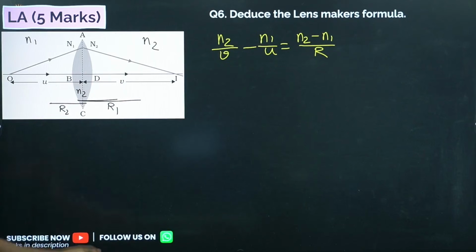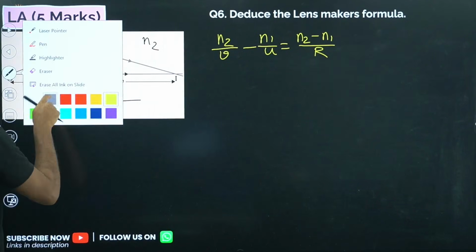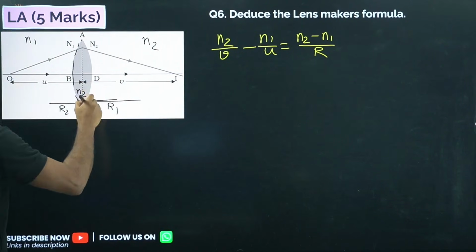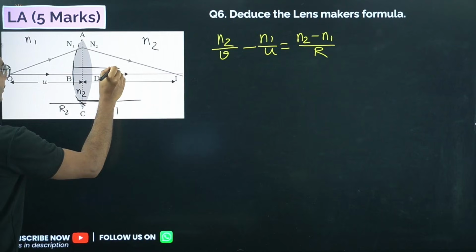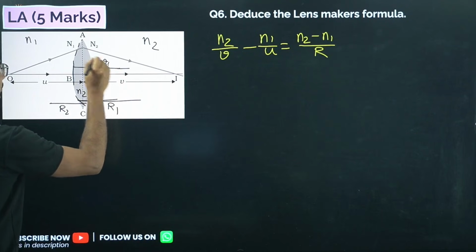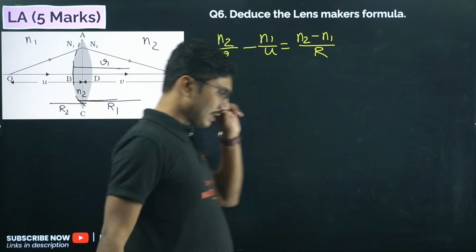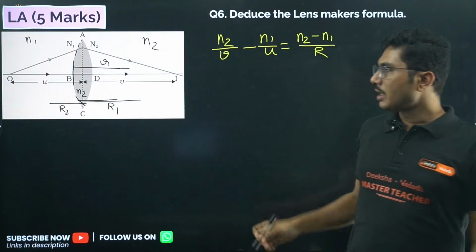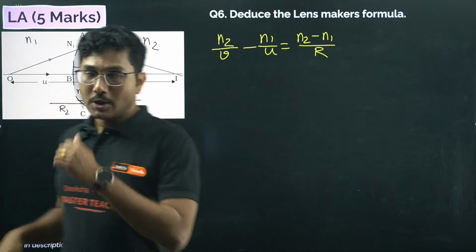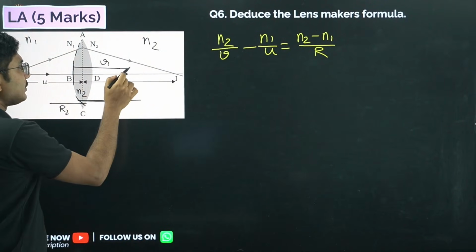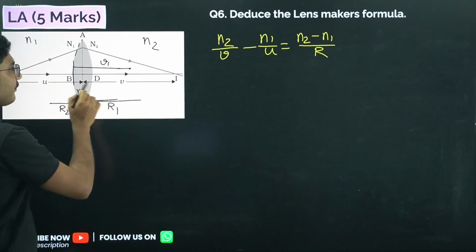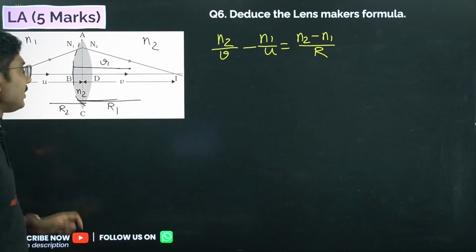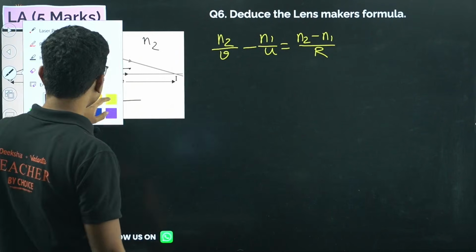Now for the first surface, suppose the image is formed at a distance, say V1. The image is formed at an intermediate distance V1. Now for the second surface, this will act as an object and the final image will be formed at V.